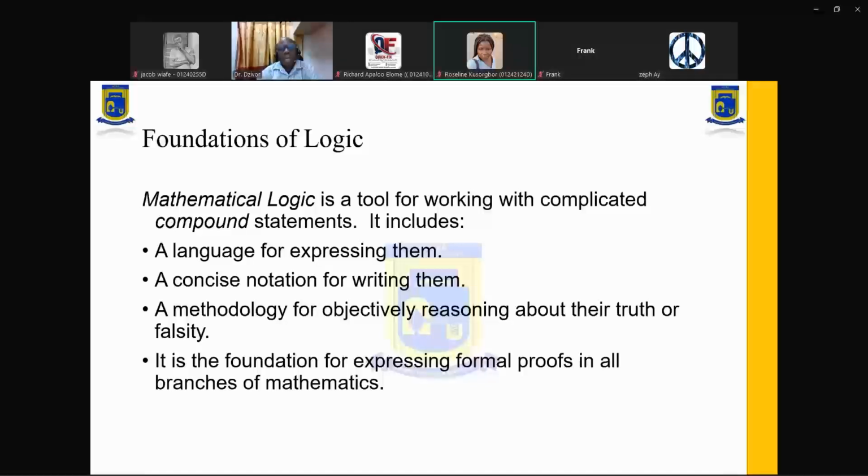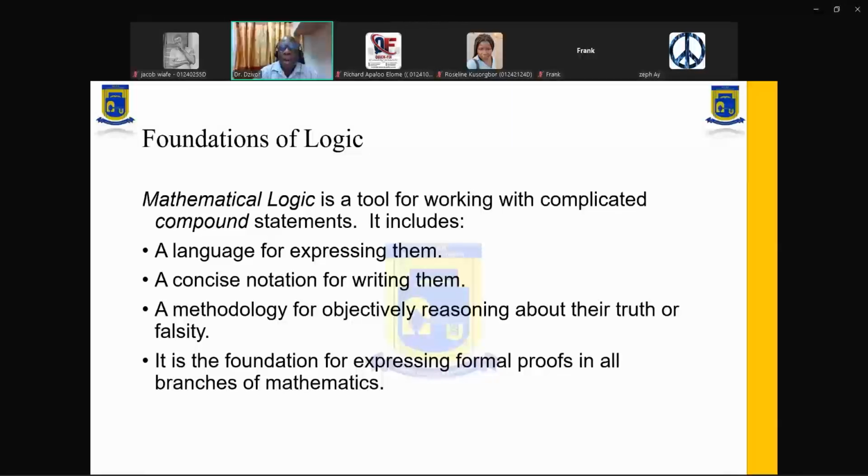Yes. Mathematical logic is a tool for working with complicated compound statements. When we talk of compound statements, we are talking of combining two or more statements together to form a particular statement.